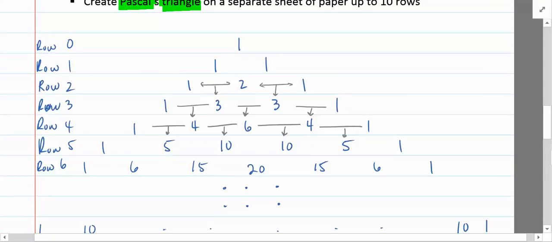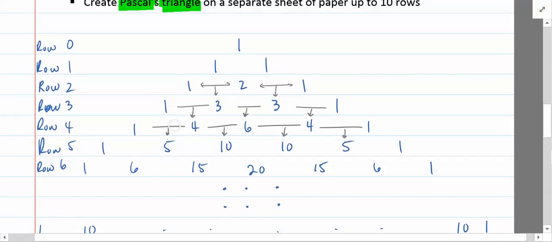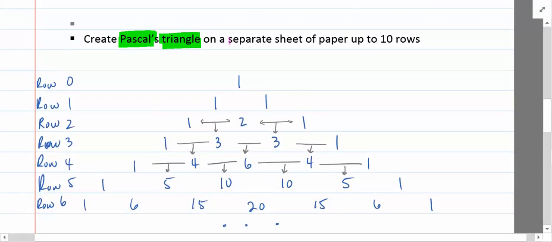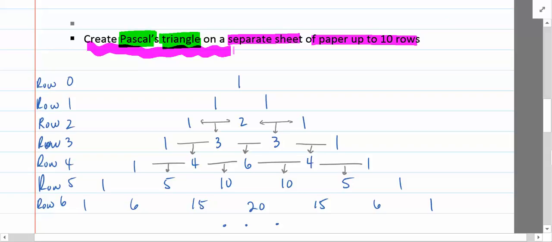Now, if you filled this out and you ran out of room working sideways, like I just did in this example, then please create this on a separate sheet of paper and bring that to class tomorrow. Create Pascal's triangle on a separate sheet of paper up to 10 rows.